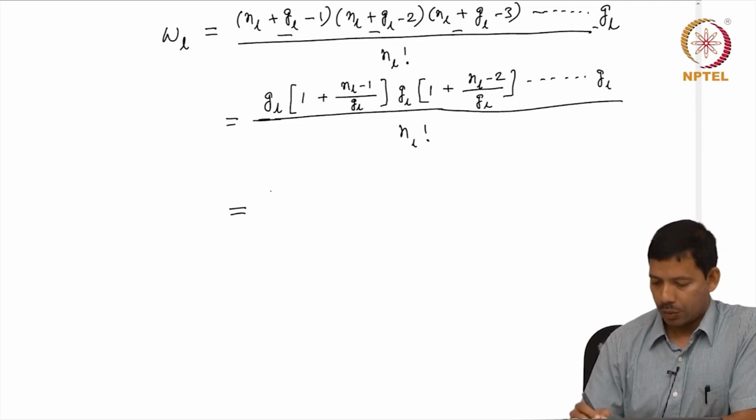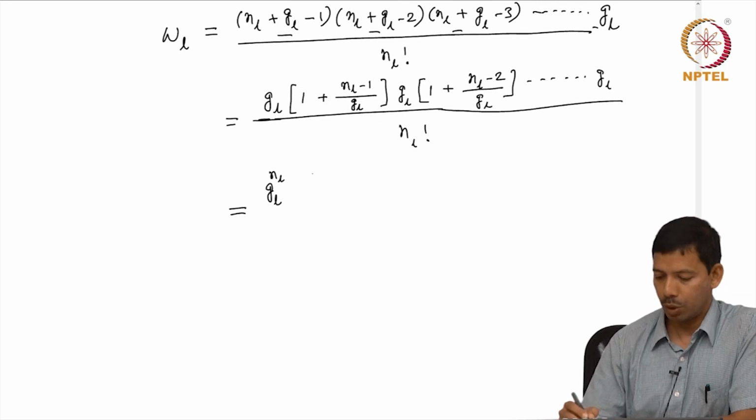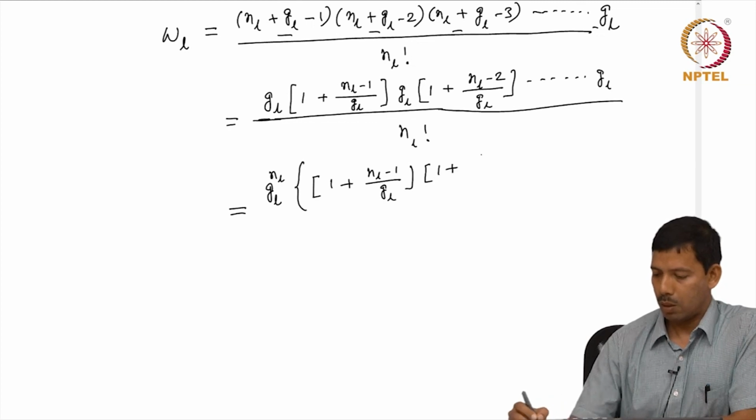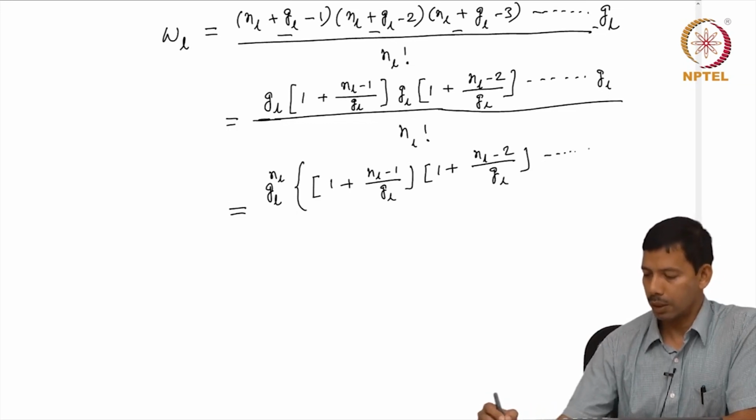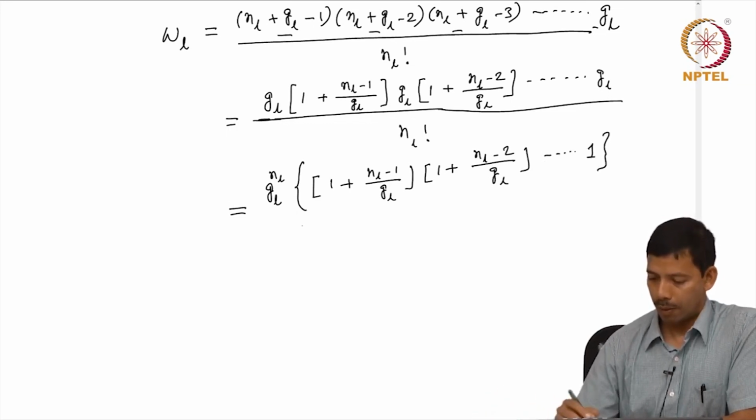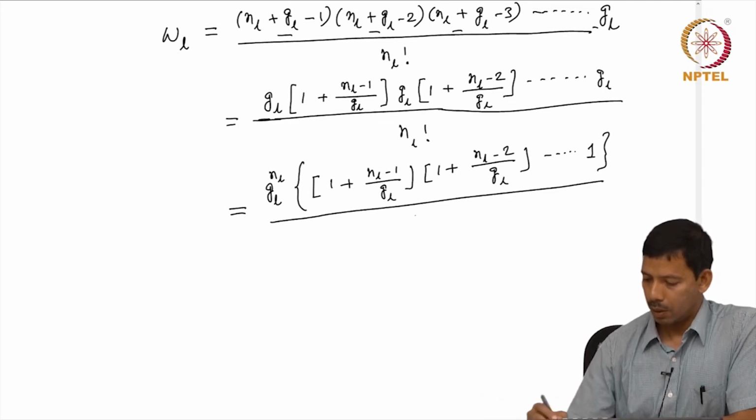So basically if I take all the terms out, I get GL to the power NL, and then I get 1 plus (NL minus 1) by GL, 1 plus (NL minus 2) by GL, until I get just 1, divided by NL factorial.